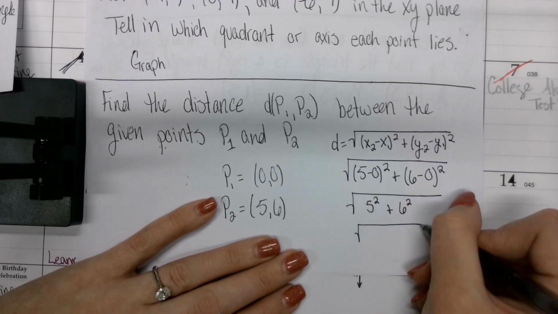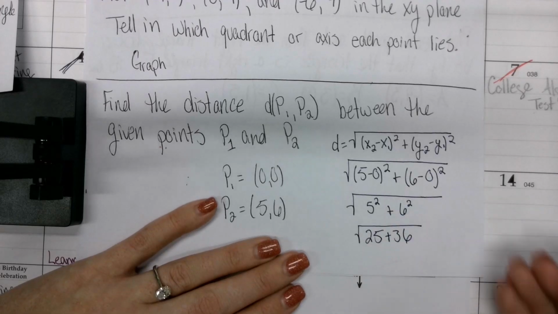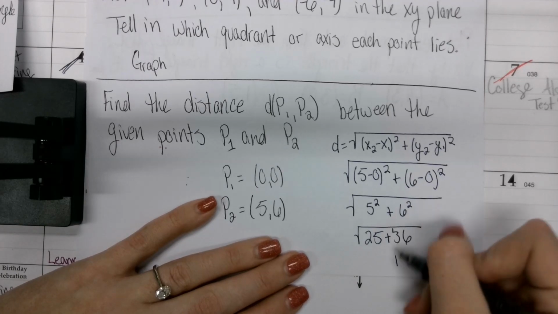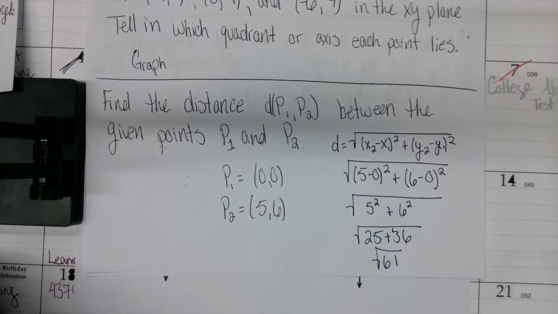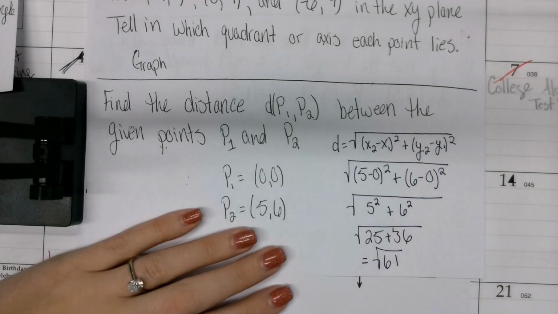So I'm going to have 25 plus 36. 5 and 6 is 11, carry the 1, 61. Square root of 61, 9 doesn't go into that, 4 doesn't go into it. That's it. So this would be our answer on this one.